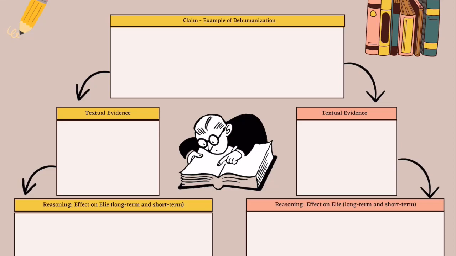We want to make another claim talking about an example of dehumanization for Eli and his family. One of the key lessons that I want to use for this one is lesson 5. So if you have your lesson 5 discussion questions, we have a lot of really good evidence and questions that we've already answered that could really help us with this body paragraph. So pause the video, make sure you have lesson 5. Okay, let's go ahead and make another claim.